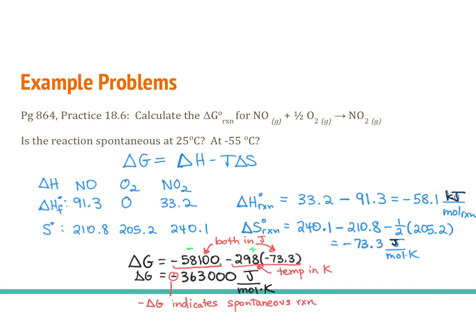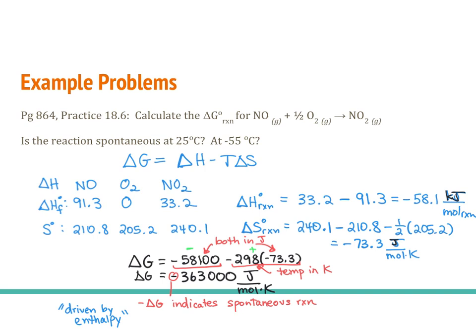Well, if this is positive, it's not contributing to the spontaneity of the reaction, while this term being negative is. So we would say that the spontaneity is driven by enthalpy, because it's the enthalpy term making the reaction spontaneous.